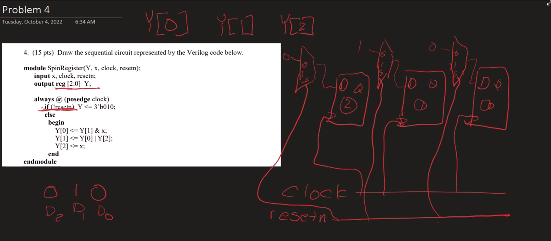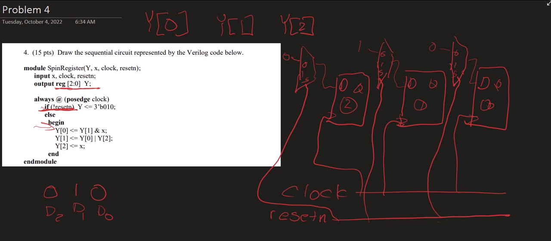Else, this is what's going to happen if reset in is not 0, or if reset in is 1. So this is where we're going to figure out what goes into the 1 inputs of our multiplexer. What this line means right here is that y0 becomes y1 and x.